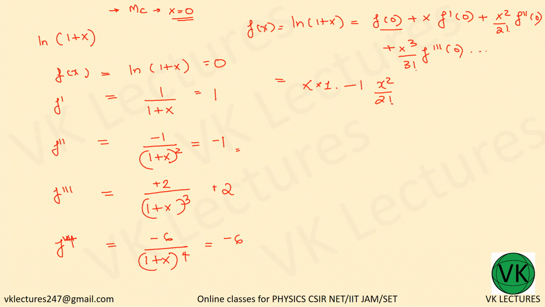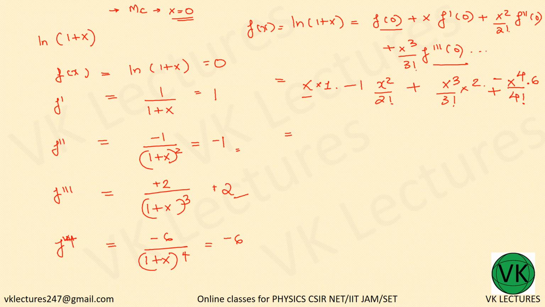Now plus x cube by 3 factorial into f triple dash of 0, that is 2, plus x to the power 4 by 4 factorial into 6 with a minus sign. So the first term is plus, second term is minus, third term plus, fourth term minus, and it goes on.